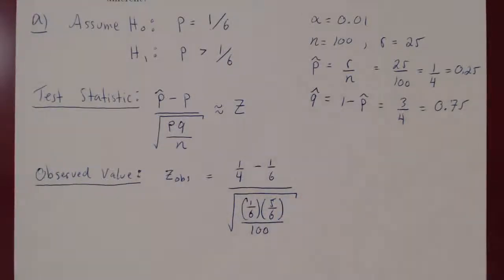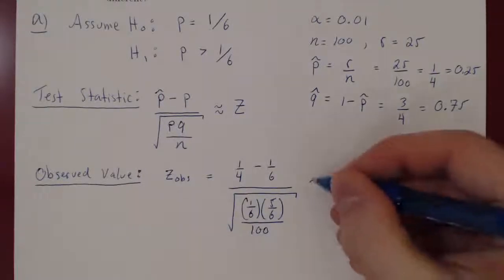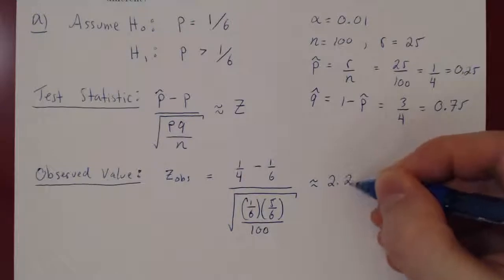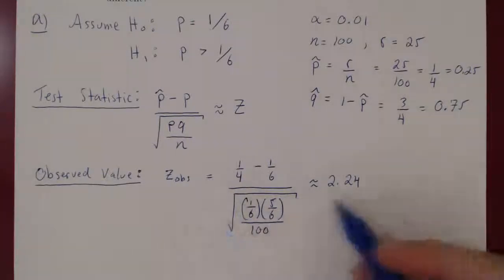Let's compute this. And if you do, you should find an approximate z value of 2.24. So we have our observed z-score.